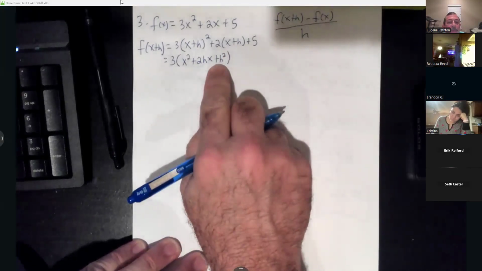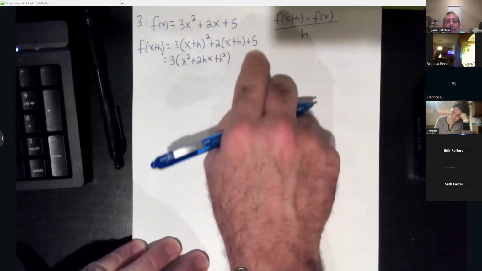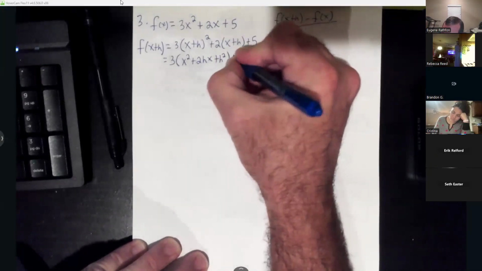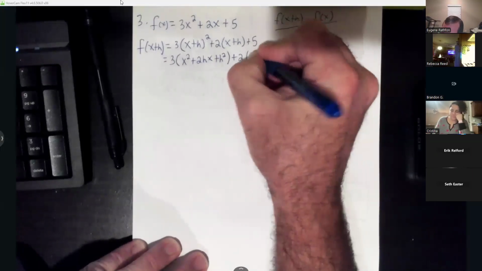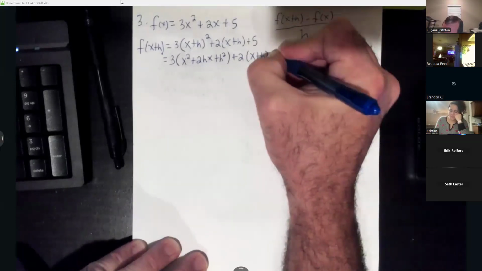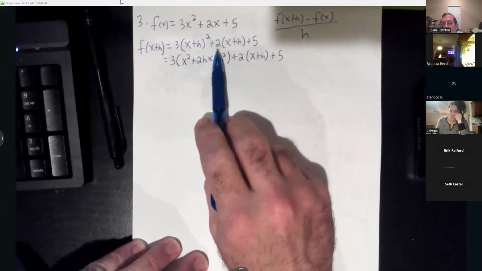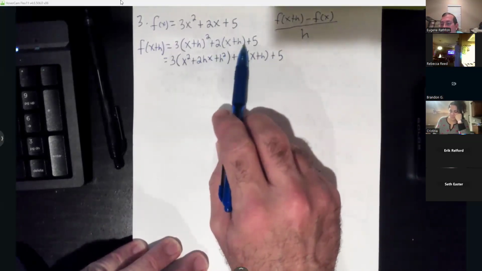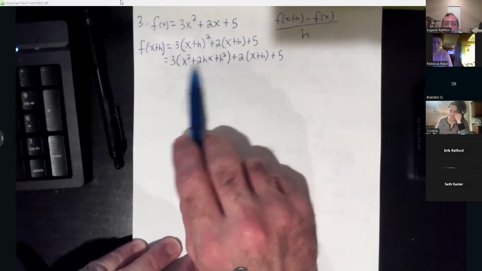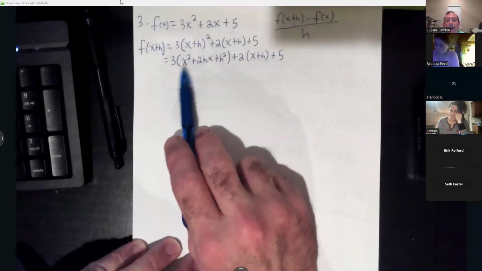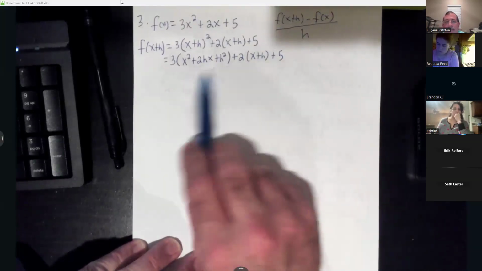So I'm plugging that from what we got a while ago. And I'm just going to bring the rest of this down. Plus 2 times x plus h plus 5. Now the reason I didn't go on and distribute that 2 through there is because I got to do all that on this one anyway, so I'm just going to do all my distributing on this row.